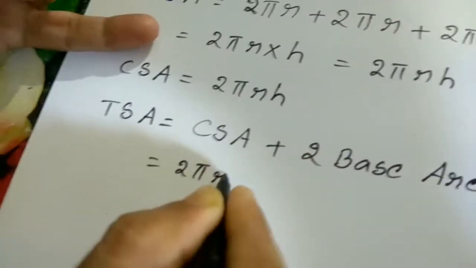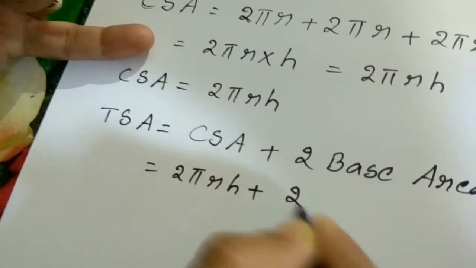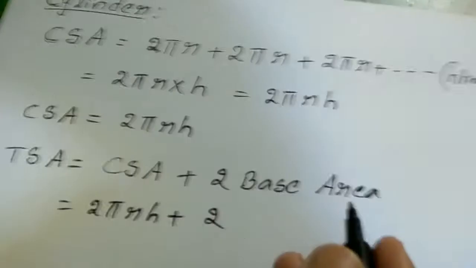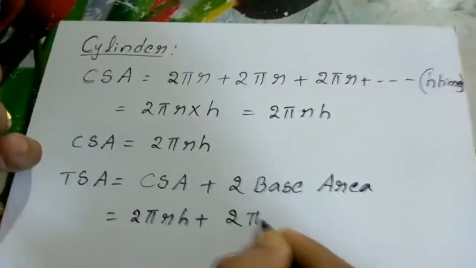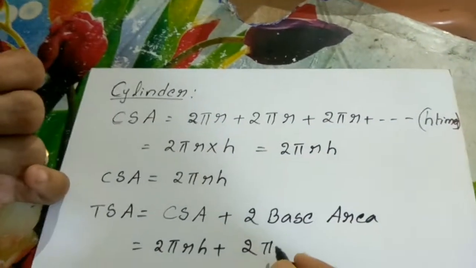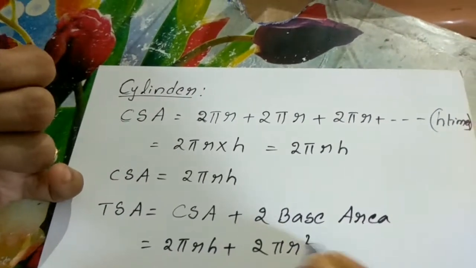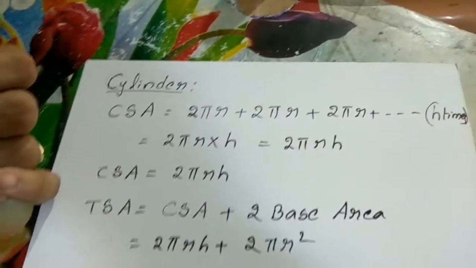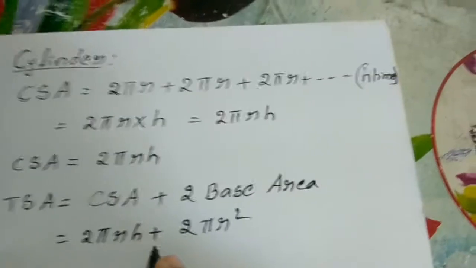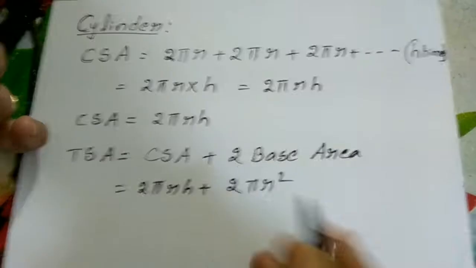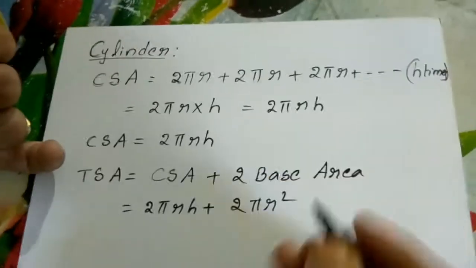So CSA 2 pi r h plus 2 into the base area. The base of a cylinder is a circle. So what is the circle area? Pi r square. So 2 pi r h, the CSA, plus 2 pi r square, twice the base area.